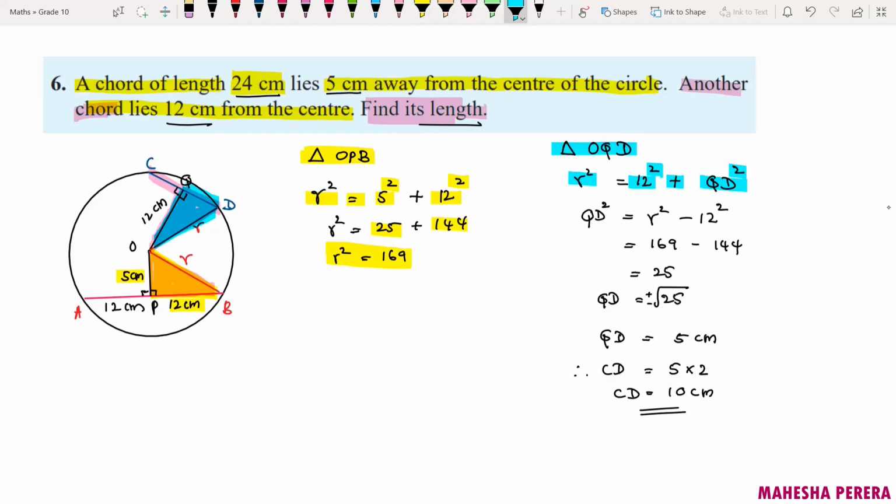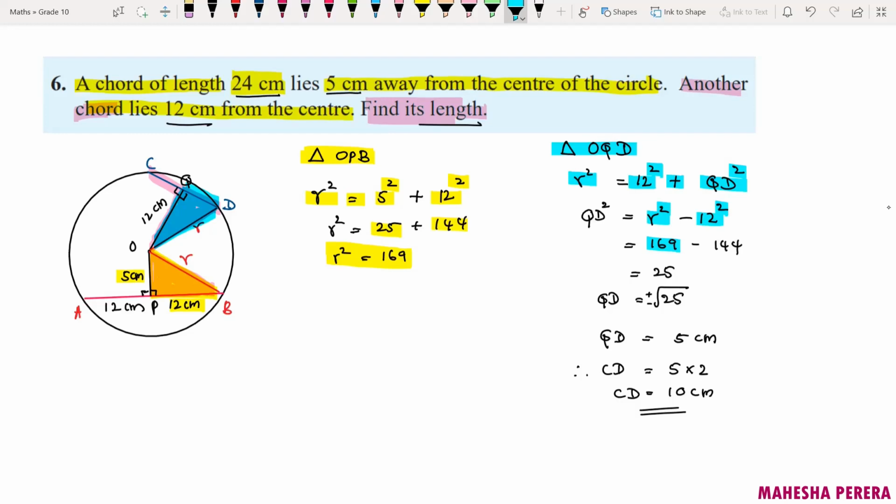Now how do we find QD squared? By deducting 12 squared from R squared. So R squared is now 169. That's why I didn't find the value of R, because in this question we are not supposed to find the radius. We need to find a length. For the ease of the calculation, I just kept it without solving the value of R, right?